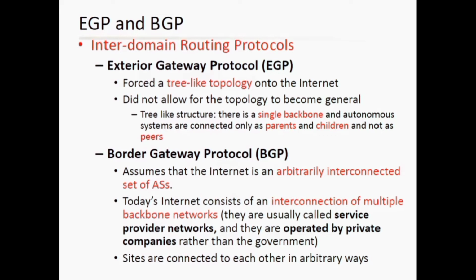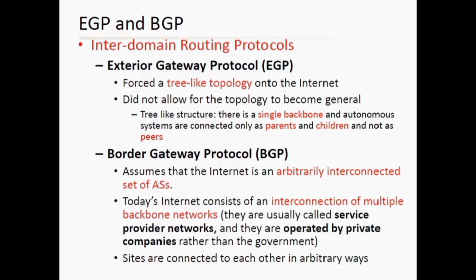EGP did not allow for the topology to become general. These are the fundamentals of EGP: a tree-like structure, with a single backbone, and autonomous systems connected only as parents and children, not as peers.